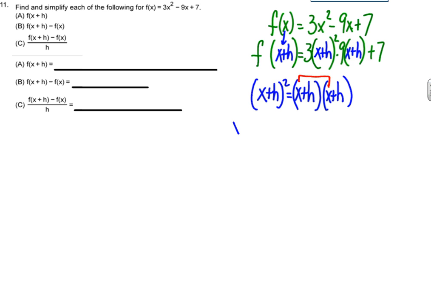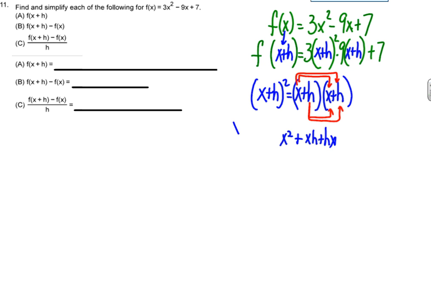So we're going to take the first times the first. Remember, this is the FOIL. And then take the second term in the first times each one of the terms in the second parentheses. So x times x is x squared, plus x times h, which would be xh, plus hx.